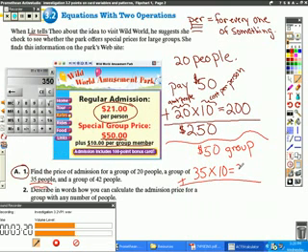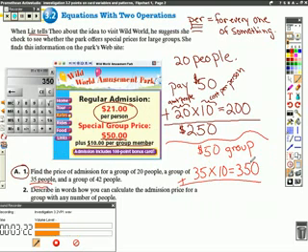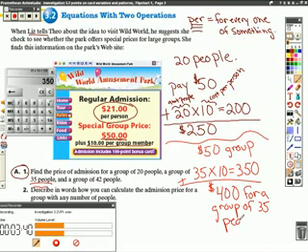All right, 350. And 350 plus 50 is $400 for a group of 35 people.